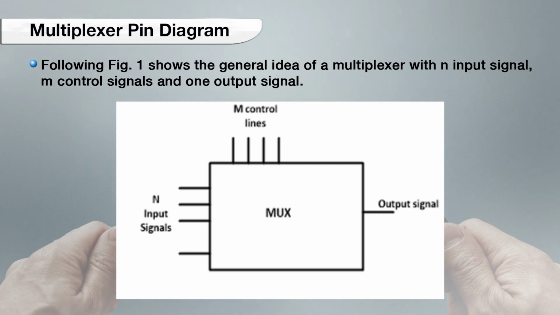The selection is done by the control lines, and let us say they are m in number. With the help of these control lines, the data which is to be represented from the input to the output is selected. So, the control lines select the input that is to be replicated at the output line.